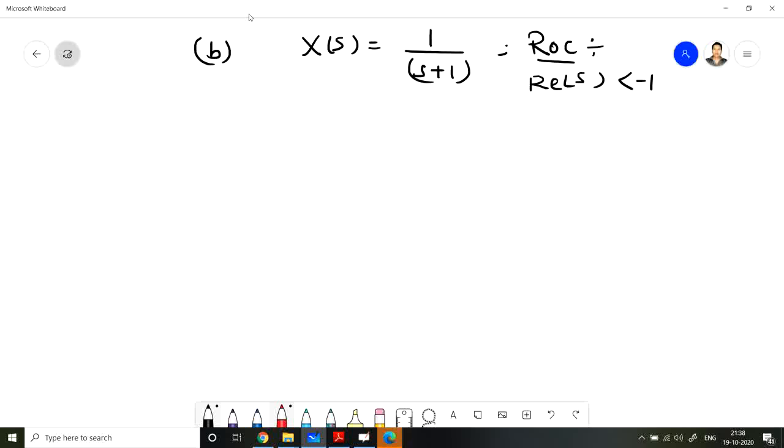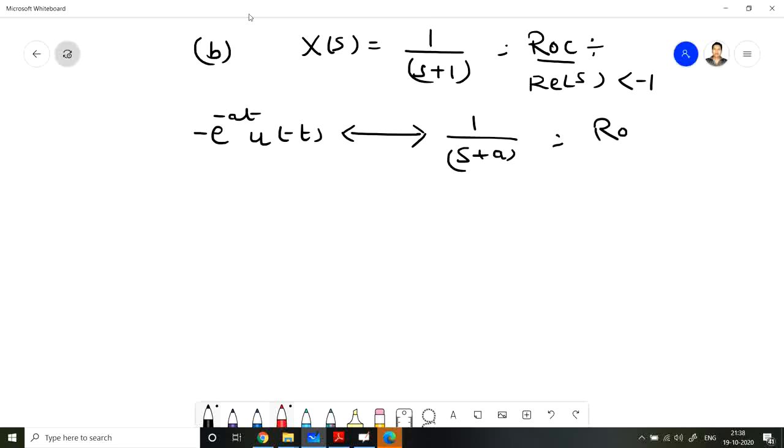Now we can see that the standard form is minus e^(-at) u(-t). In the previous lecture we solved this, and the Laplace transform for this signal is 1/(s+a), and the ROC is real part of s less than minus a.